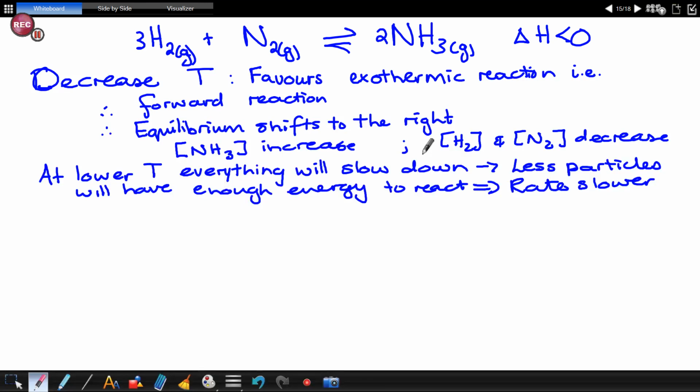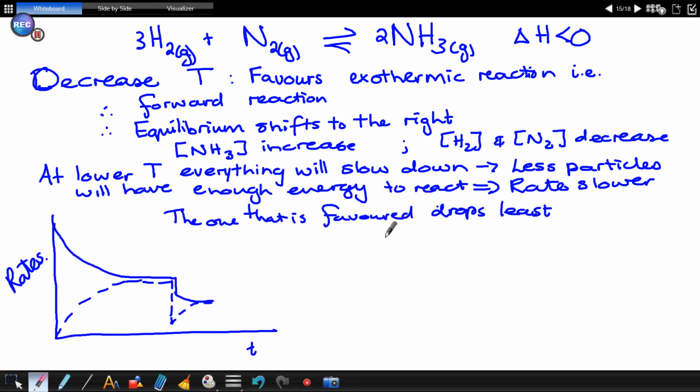In the way the reaction is written, it is the forward reaction that will be favored. So the equilibrium will shift to the right, meaning that the concentration of ammonia will increase, the concentration of the hydrogen and the nitrogen will decrease, and then at lower temperature everything will slow down. So fewer particles will have enough energy to react. The rate is slower. Now go and draw the graphs.